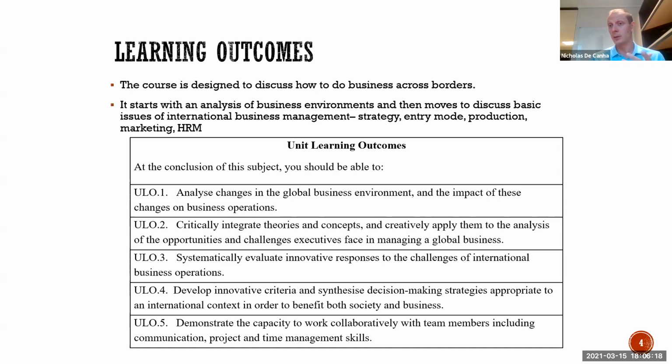No problem there. That's towards the end of the course. Innovative criteria and synthesized decision-making strategies appropriate to an international context. So that's 2 things. One is implementation, but the other is what are the frameworks that you use to analyze markets. And so we'll be doing that in substantially more detail than before.